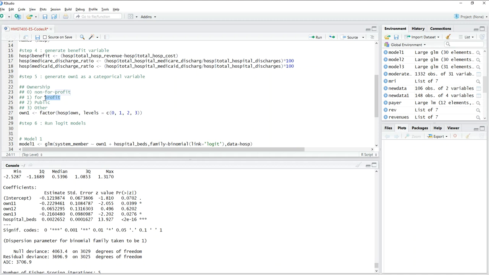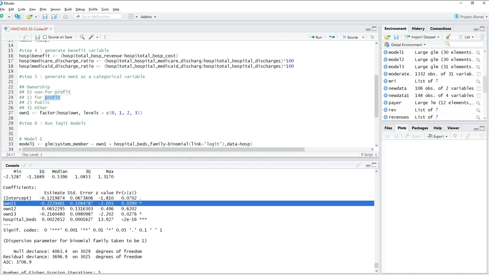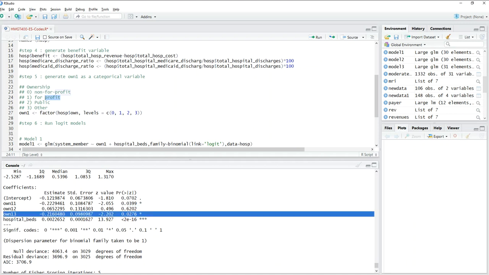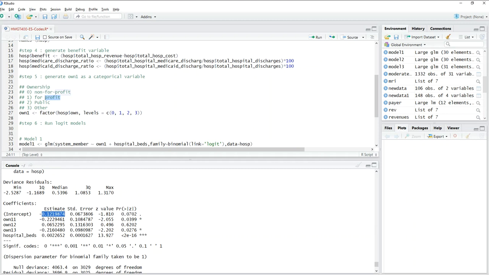As long as we go with the for-profit hospital, we do expect a lower probability of system membership. If you go with number 2, public, the public hospital is more likely, by 0.06%, but it's not significant. Even the other type of hospital is less likely to be a system membership. Okay, you just need to report these 3 variables.